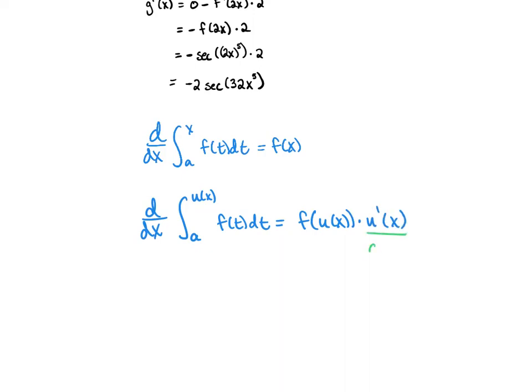And that's just from the chain rule, because this was not just an x up there. This was actually considered to be a composite function, so when I take the derivative of this integral, which is a composite function, I need to find its derivative using the chain rule.